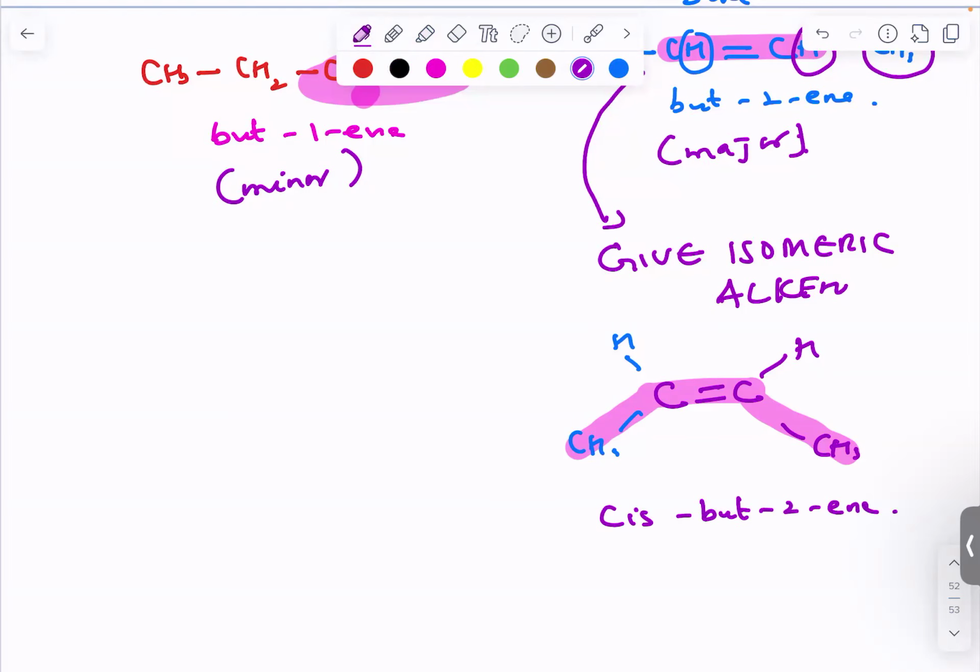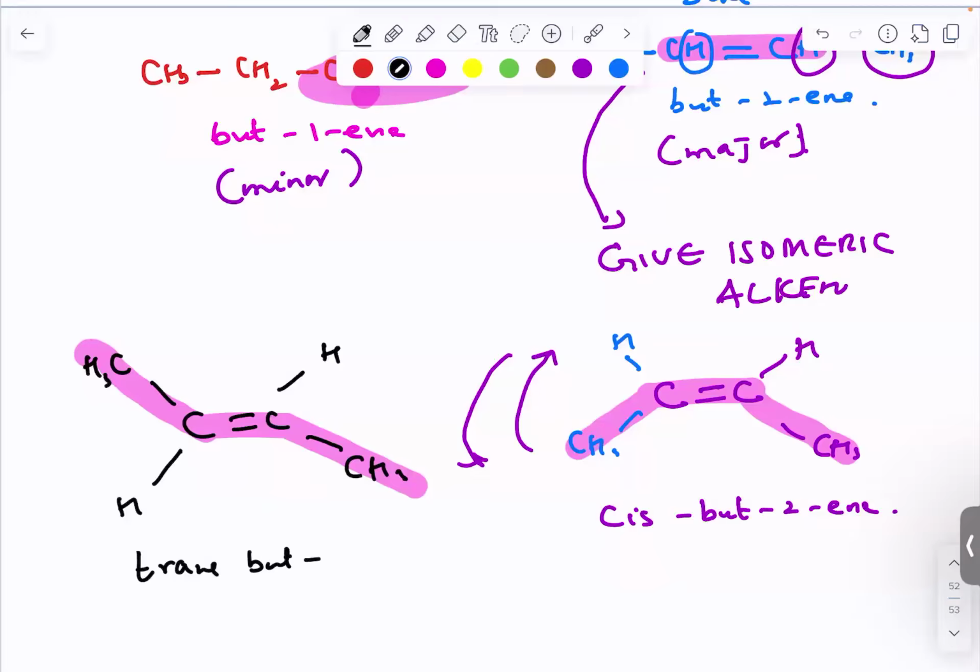And then if I flip this, CH3 will come here and H will come down, and this will remain as such, and this is called trans-butene, or like this, trans-butene.